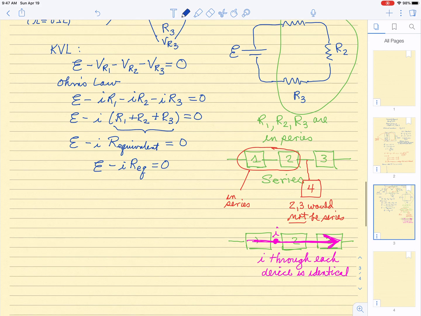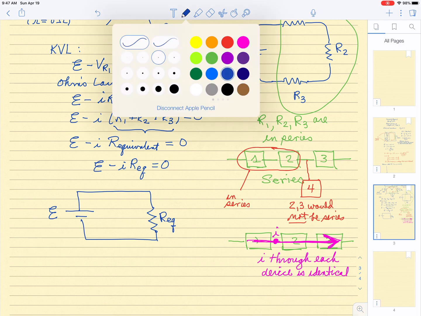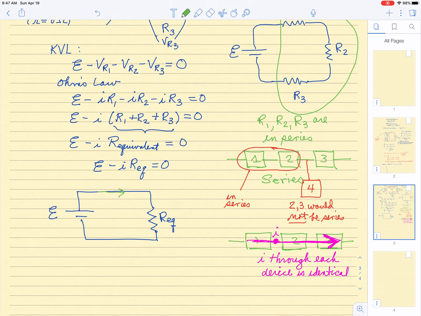And it means that actually what we could do is replace those 3 resistors with its equivalent, that is R equivalent. And so the same current, right? The current would be identical as in the original circuit, so it's still going to be I, except that now we can replace the 3 resistors with an equivalent resistor.